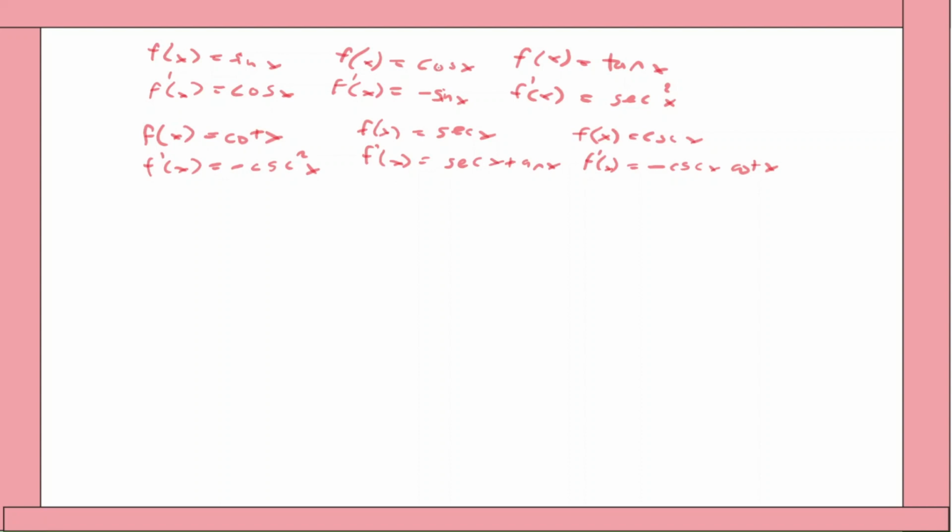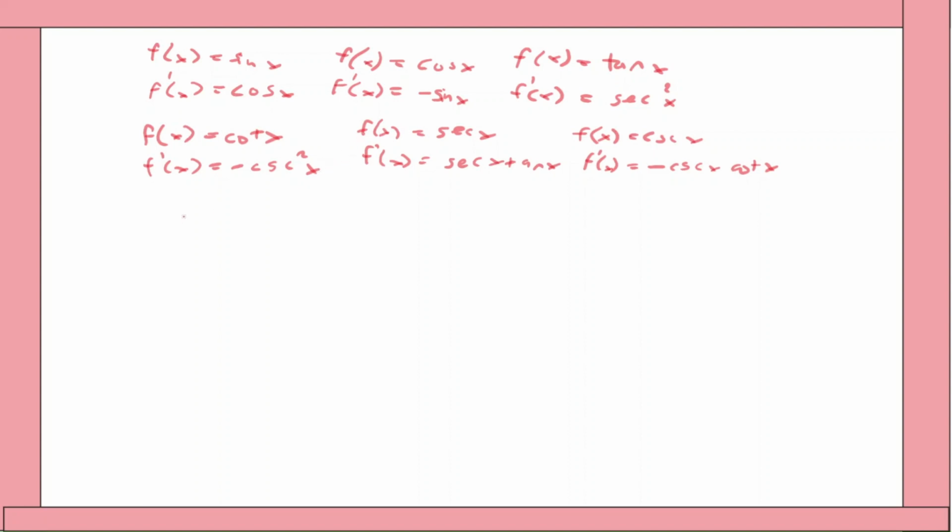It's important to realize that all of the C ones, so cosine, cotangent, and cosecant, all have negatives attached to them, whereas everyone else doesn't have a negative. Okay, but other than that, they do follow a very similar pattern, where you see cotangent and cosecants are very much related, and secants and tangents are very related as well. Okay, so although you have to memorize them, they aren't too bad to understand.